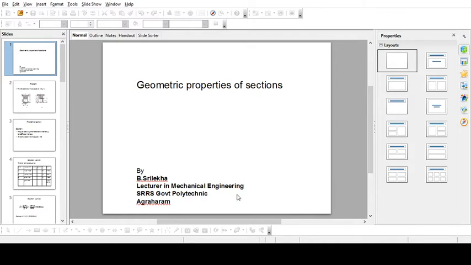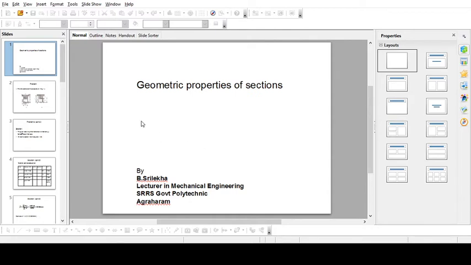We already discussed in the previous class how to find the centroid for a given composite figure. First, we divide this problem into definite shapes, so you have only one shape, that is the rectangle. The first rectangle is of dimensions 34 by 40, so area A1 is 34 into 40.